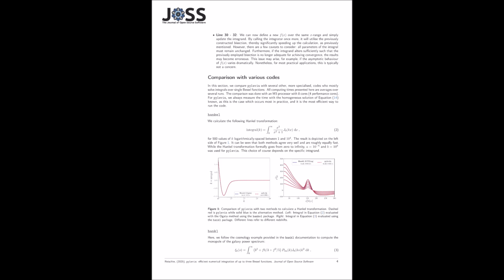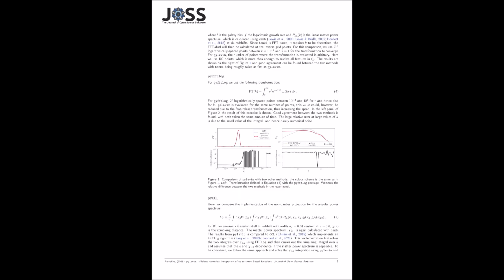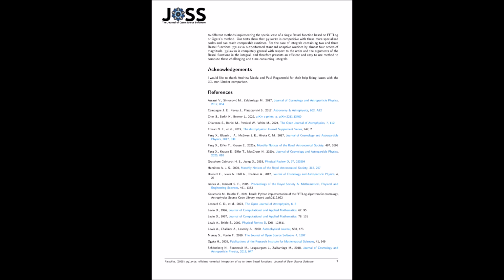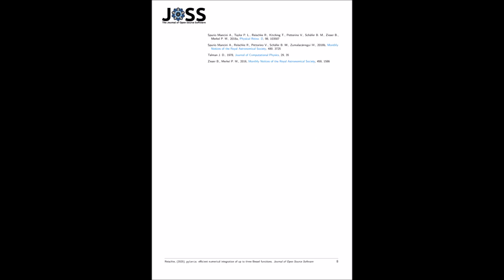Okay, for the final showdown, pylevin goes up against just a general adaptive quadrature routine from the SciPy library. So this is like a general-purpose numerical integration method that's not built for Bessel functions at all. It's like bringing a knife to a gunfight. And, as you might expect, pylevin just dominates.